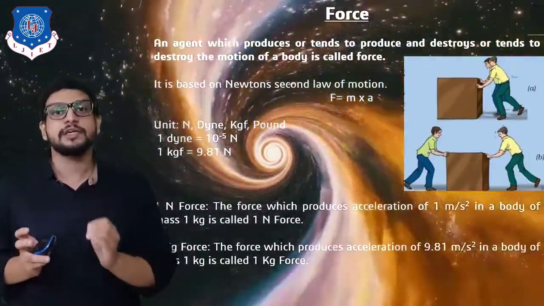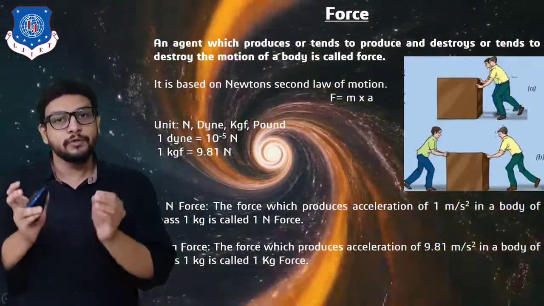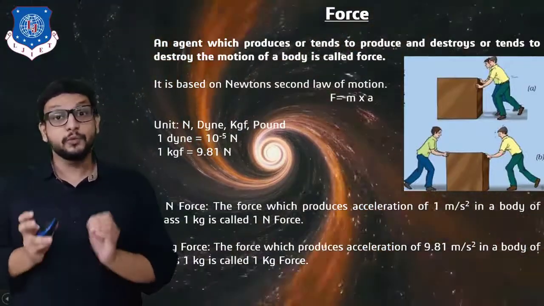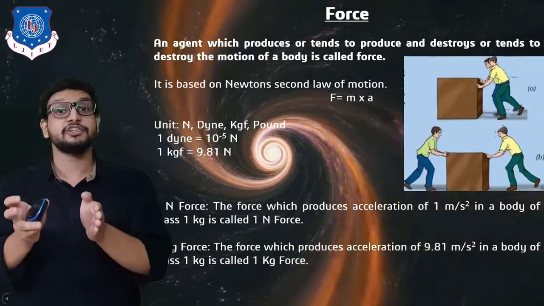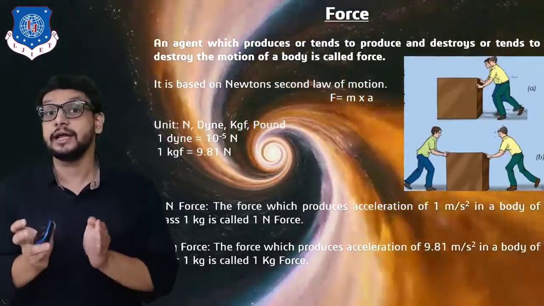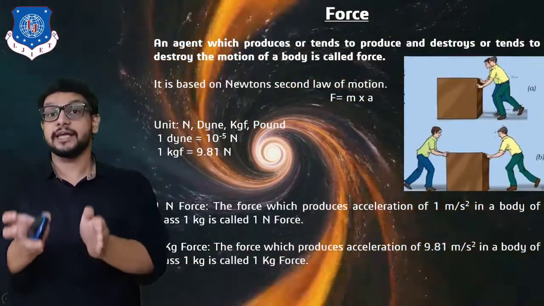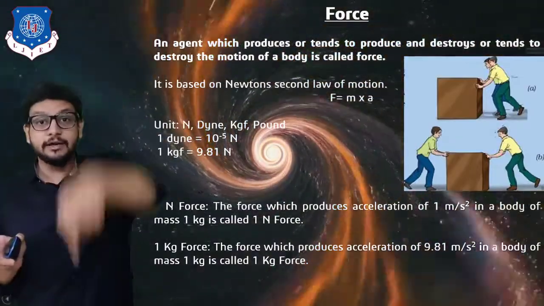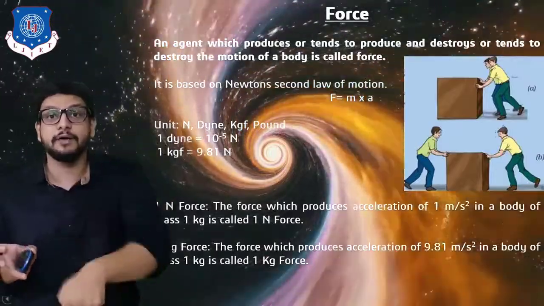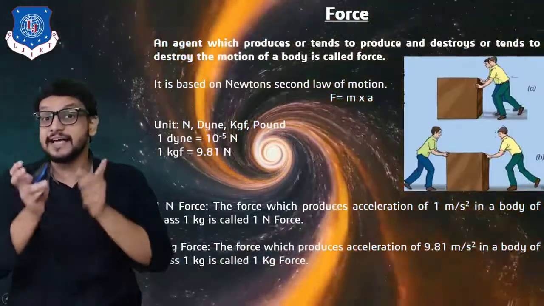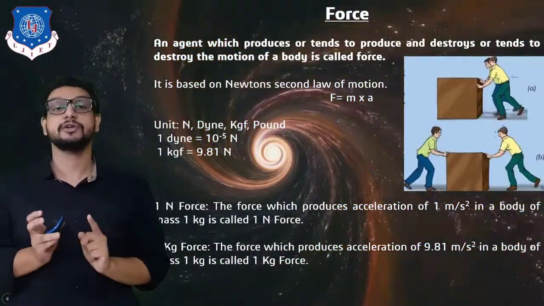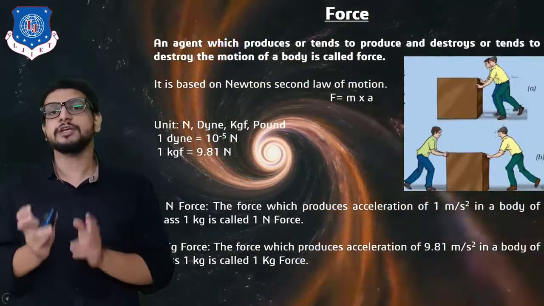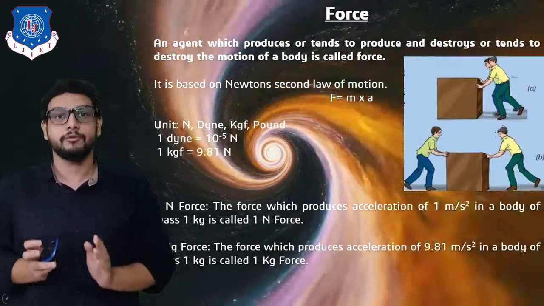Such a force is called 1 Newton force. Similarly, the force which produces an acceleration of 9.81 meter per second square, yes, the gravitational acceleration, the force due to gravity, that force exerted on 1 kg mass is called 1 kg force. These two terms are most important from our exam point of view.